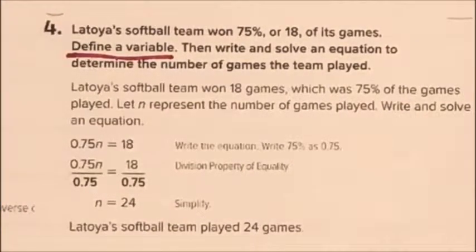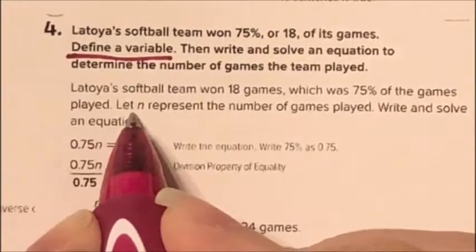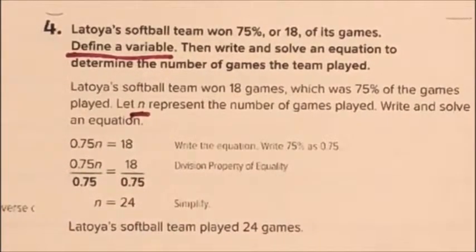So Latoya's softball team won 18 games, which was 75% of the games played. So we're going to let N represent the number of games played. It doesn't have to be N, it can be any variable that you want, but you have to tell me what the variable means. So in this case, N means the number of games played.